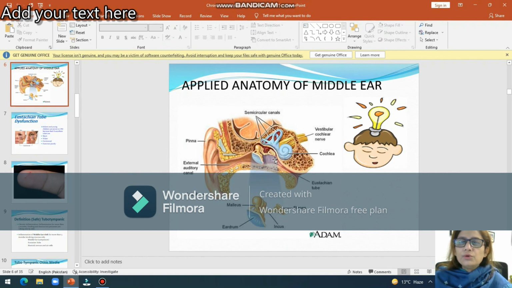Middle ear has seromucinous glands. Whenever there is inflammation of the middle ear, there will be increased production of serous and mucus inside the middle ear. These glands are maximum at the antero-inferior part of middle ear.